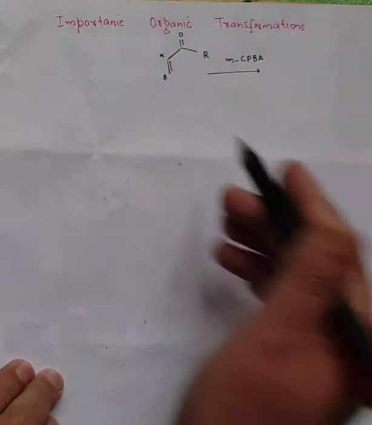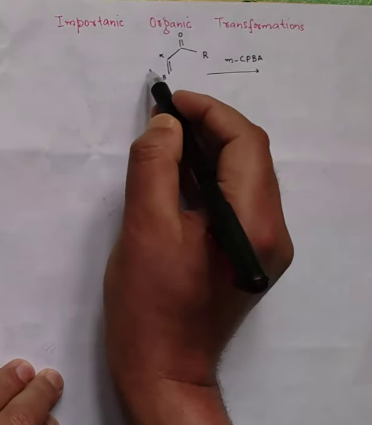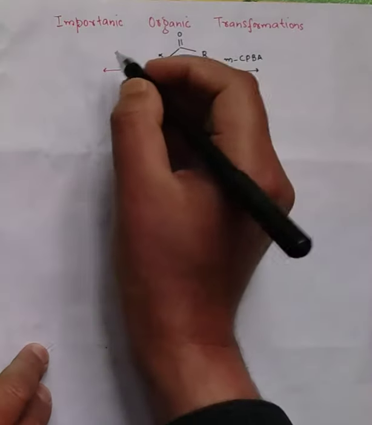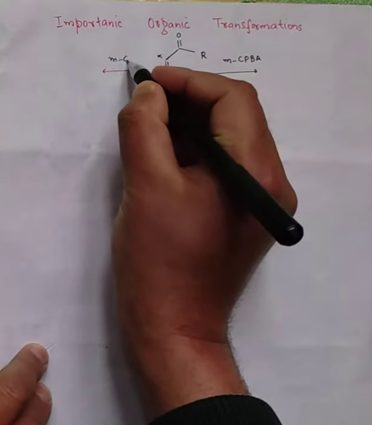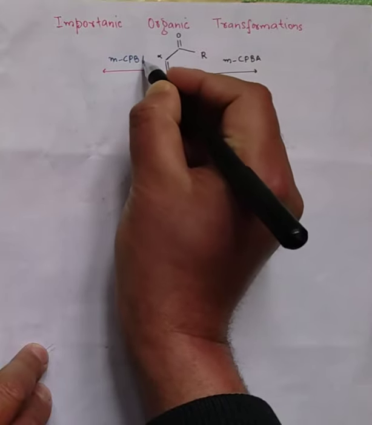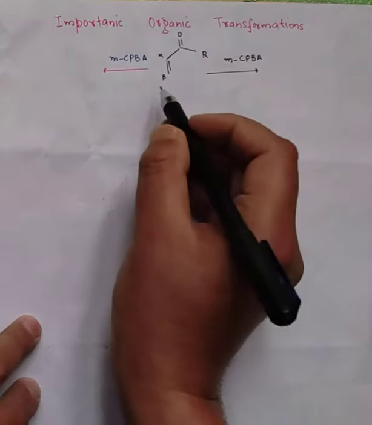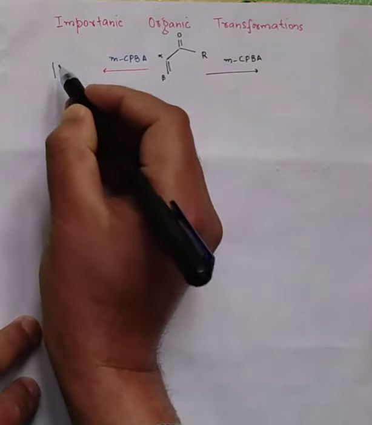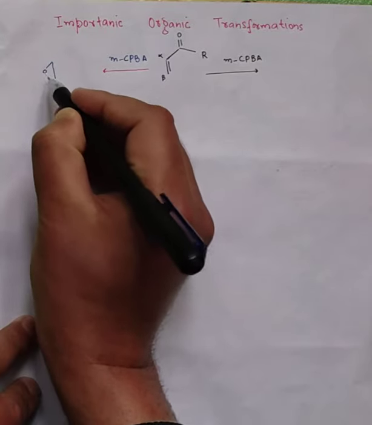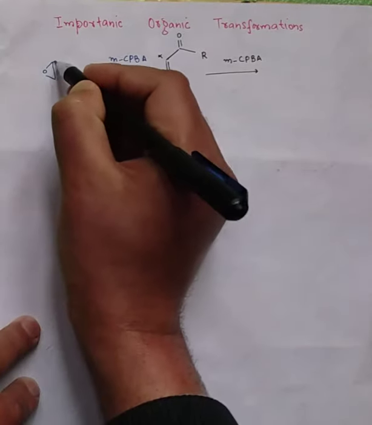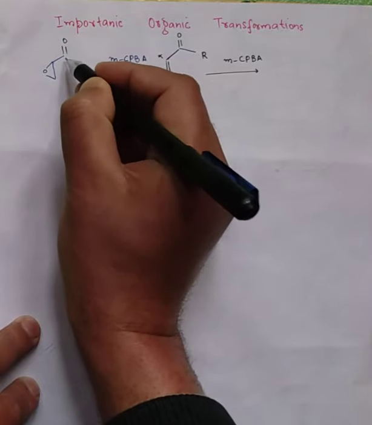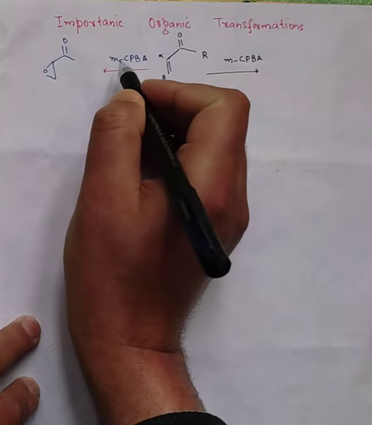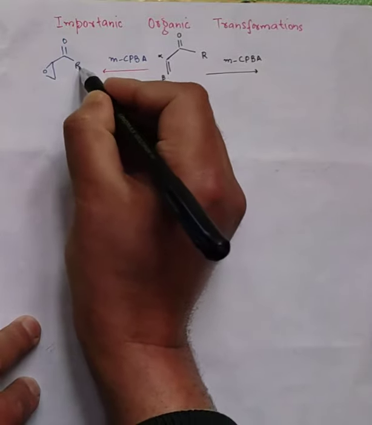So in a nutshell there are 2 possibilities. One possibility is that we'll show it like this. Another possibility we'll show in the form of metachloroperbenzoic acid. Let's say we insert oxygen here, so then we should get the epoxide. So this is one reaction which will be created by the metachloroperbenzoic acid.